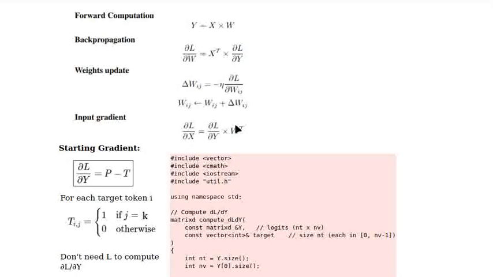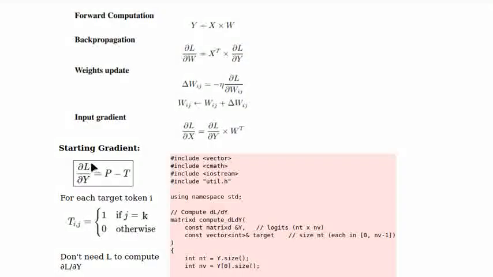And this partial L partial X will become the partial L partial Y of the next stage. For convenience of speaking, I will refer to the partial symbol as d. So this is dL dX. Now, to start, we need a dL dY.